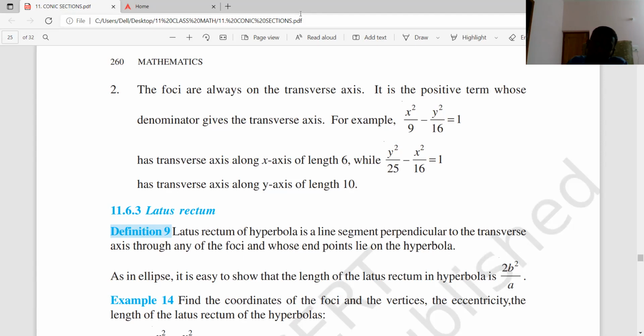So the length of the latus rectum is 2b square by a square. It's 2b square by a square. Okay, is that okay?